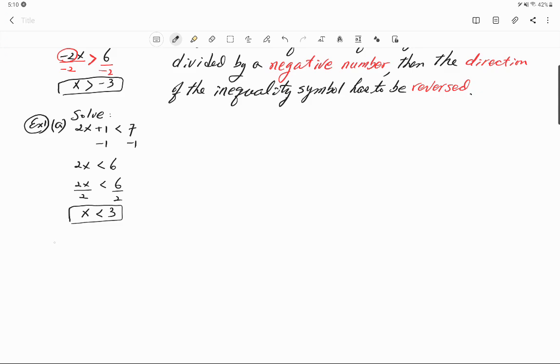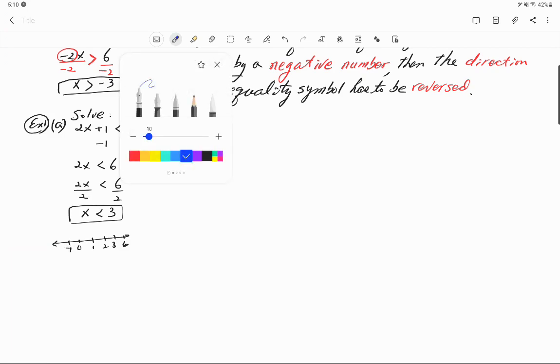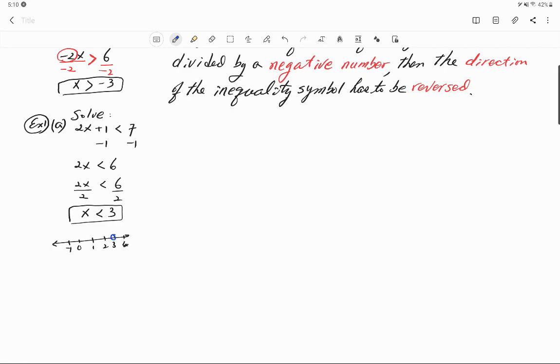This means when you draw a number line, with 0, 1, 2, 3, 4, and negative 1, the answer is all the x values that are less than 3. You can use a bold line like this, and then make an open circle on the number 3. An open circle means 3 is not included. Or you can use parentheses instead.